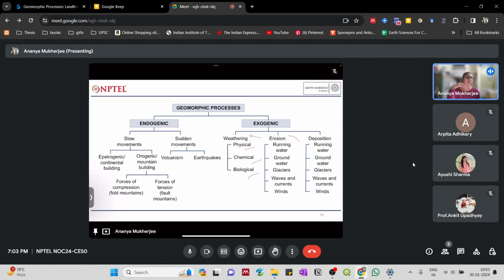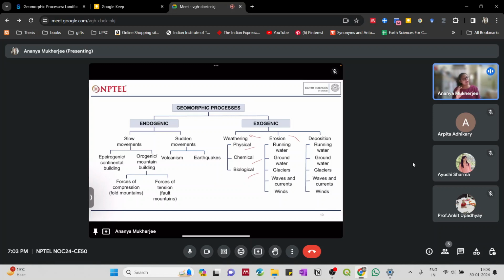Physical is mostly that the composition of the area does not change, but we can see physically there is a change in the appearance of the area. Maybe there was a big boulder of rock present over there. Due to weathering, this big piece of rock has got fragmented into smaller pieces. So this is your physical weathering.